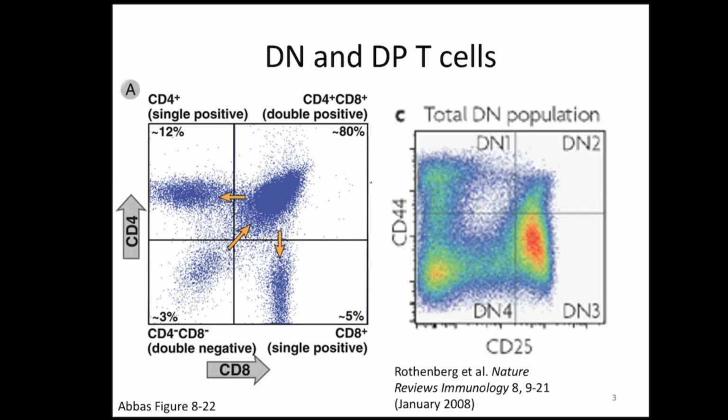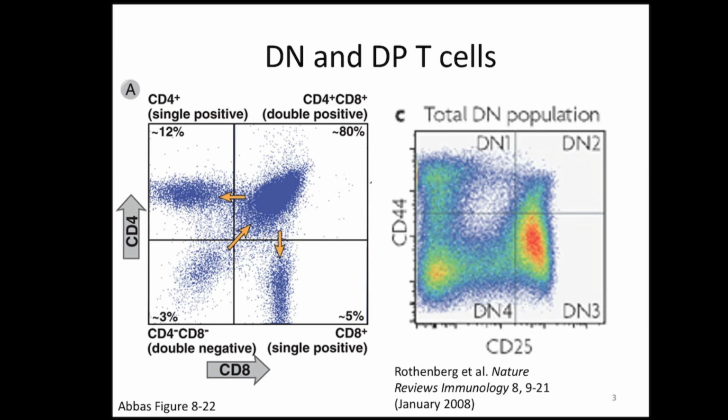And what we have learned in studying T cell development is that developing T cells at the beginning of their time are double negative T cells. And then during the process of T cell development, those double negatives will become double positive. You can even see I've got a little arrow.